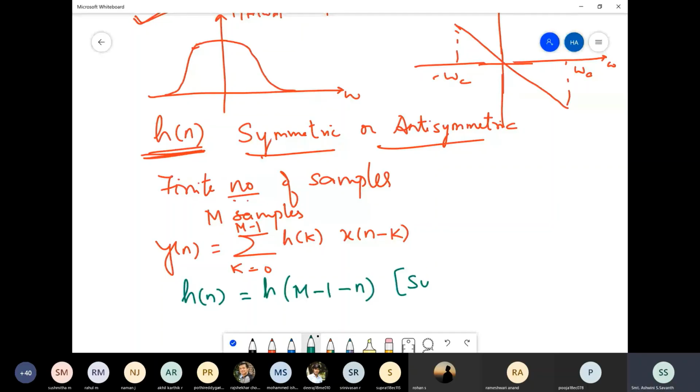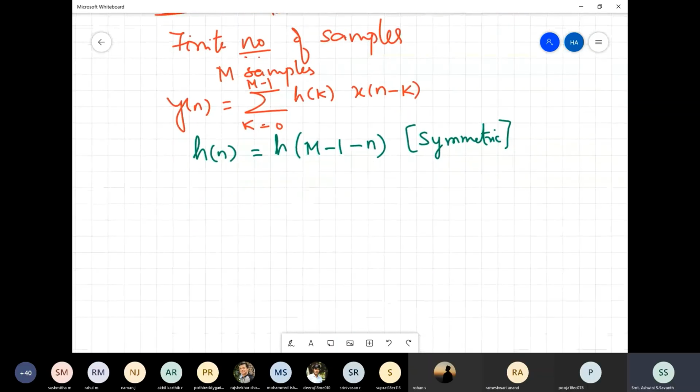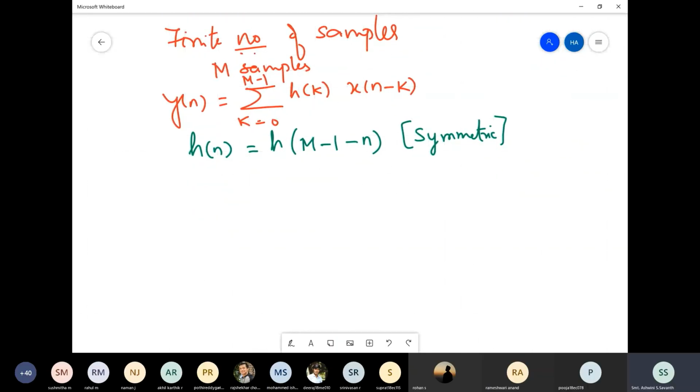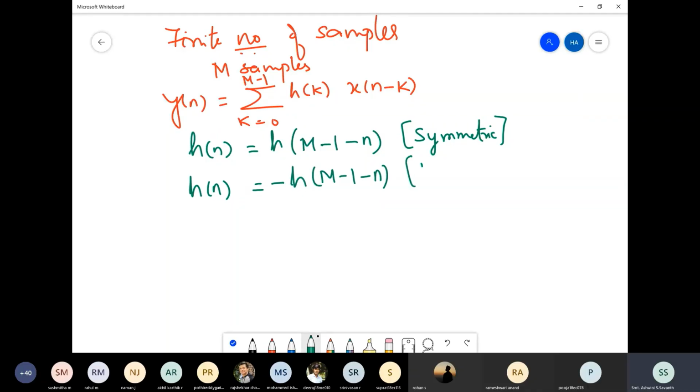This is the condition for the signal to be symmetric. When will it be anti-symmetric? When h of n is minus h of M minus 1 minus n. This is the condition for anti-symmetry.